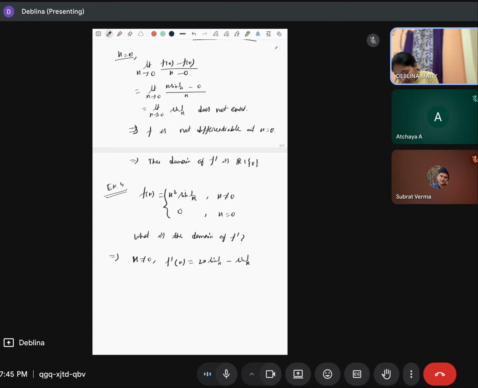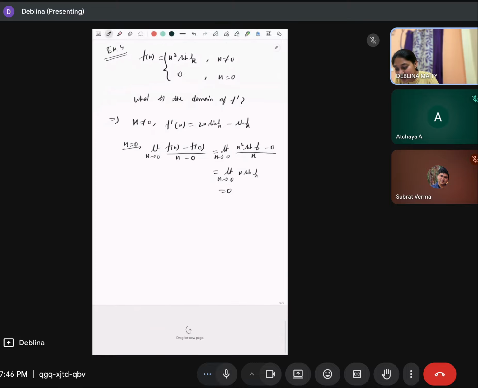And when x is 0, limit x goes to 0 of f x minus f 0 over x, so it will be limit x goes to 0 of x sine 1 by x, and it is 0, so it exists.